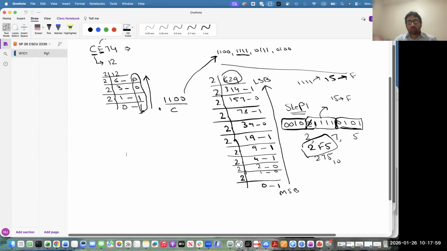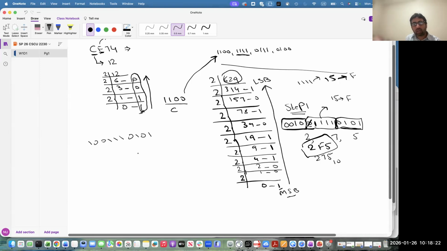So I'm assuming you understood how I got the binary, right? I'm simply writing the binary again, from the most significant bit one, writing upward: 1 0 0 1 1 0 1.